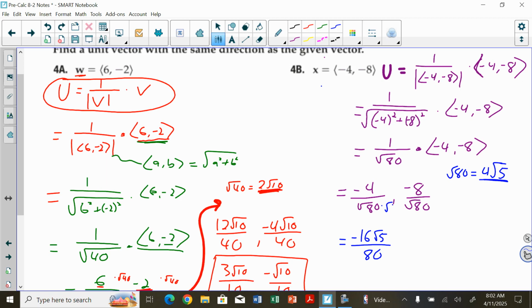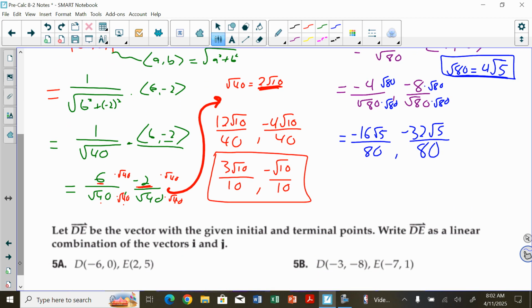Because remember, I'm multiplying by these. Okay. And then I'm just remembering that this part here, to make it a little easier when I multiply by those numerators. So then negative 8 times 4 is negative 32 times the square root of 5 over 80. Now I can reduce as we go.